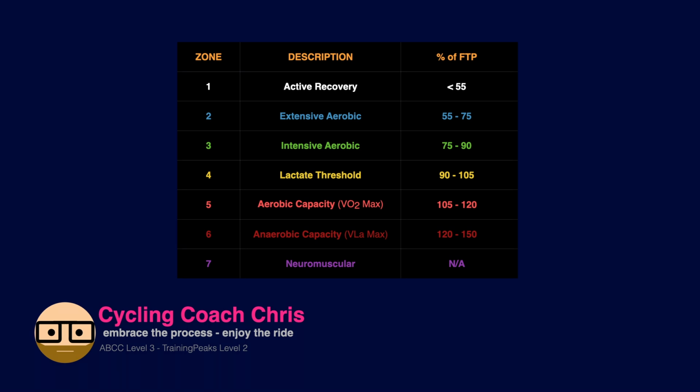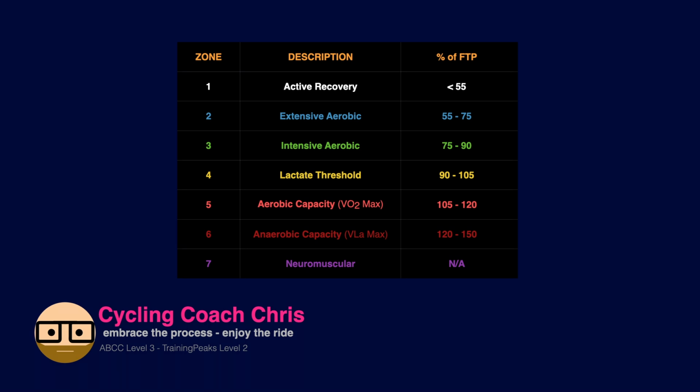Zone 4, lactate threshold. Zone 5, aerobic capacity, which Zone 5 VO2 max has long been called, and that is a title I particularly like because zones 1 to 5 are aerobic, with Zone 5 sitting at the top end of that range. Then we move into Zone 6, anaerobic capacity, or your VLA max, and then finally Zone 7, neuromuscular.